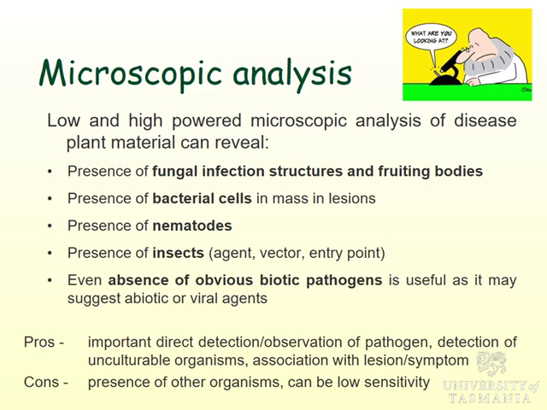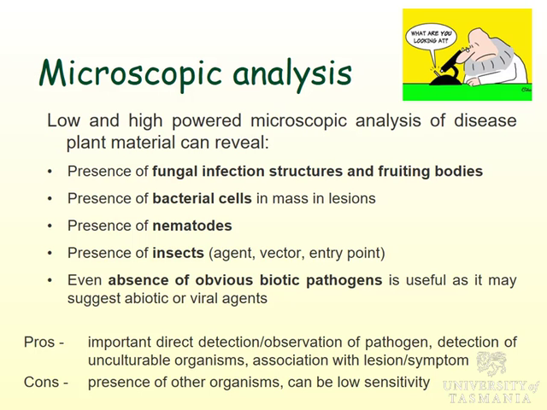Even the absence of something can be really important. If you're dealing with a viral disease, for example, you're not going to see it with a compound microscope. A low and high powered microscope is not sufficient to visualize a virus. So you might see yellow chlorotic leaves, you look down the microscope, and you see nothing.